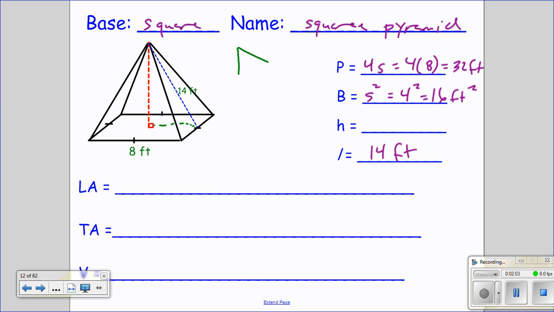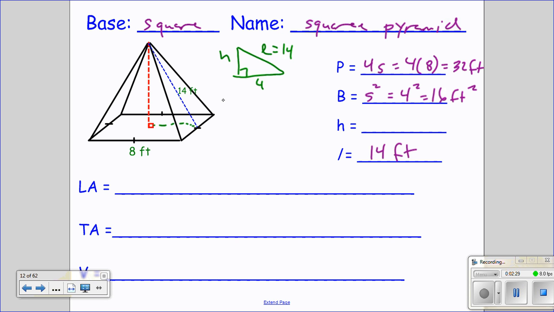So the right triangle consists of the 3D height, the slant height, and half of the edge, or half of the side, so that would be 4. The slant height is 14, which we already know. So we have A and C when we use Pythagorean's theorem.